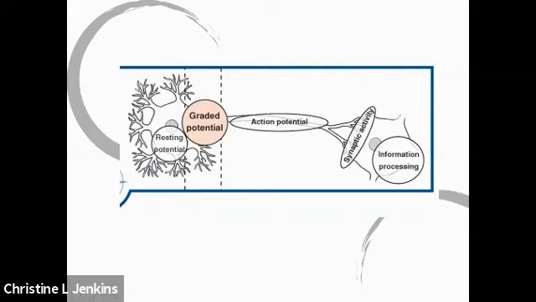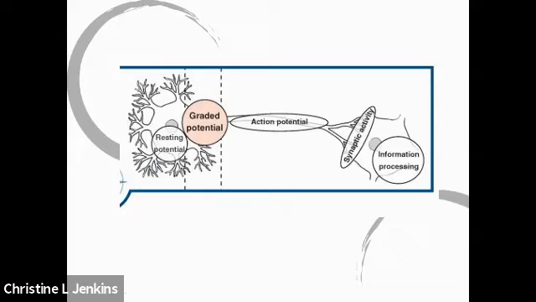Your neuron will make a mini impulse that goes from here to here, and if that mini impulse reaches a certain threshold, then the action potential will fire.